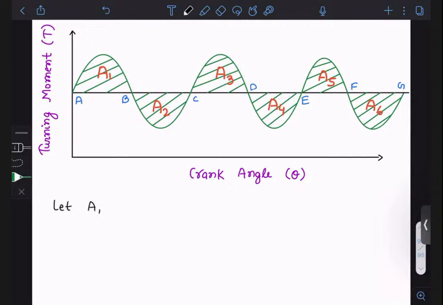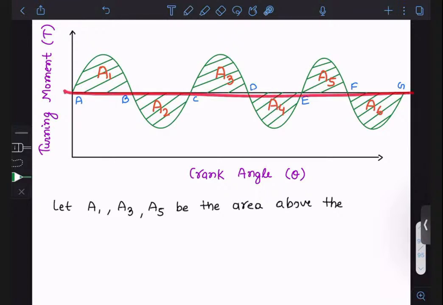Let A1, A3, A5 be the area above the mean torque line. This is the mean torque line.